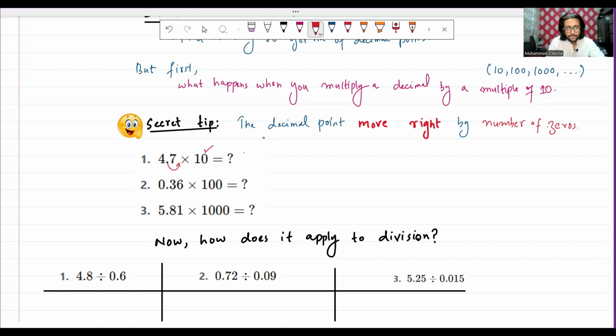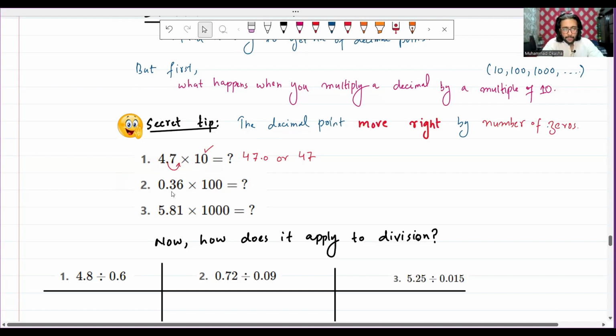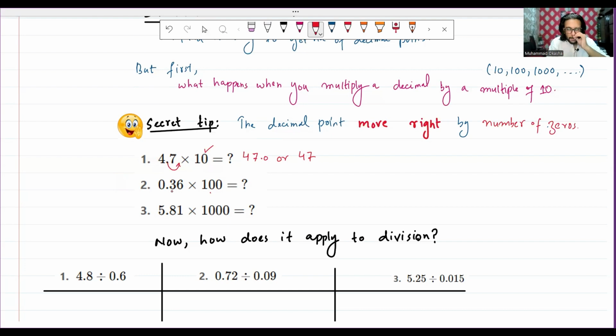Previously it was 4.47, now it becomes 47.0 or just 47. Now over here, this multiple of 10 has two zeros, which means I'm going to move it by 2 decimal places. Over here I moved it by 1 decimal place. I will move it forward by 2 decimal places, so it becomes 36.0 or just 36.